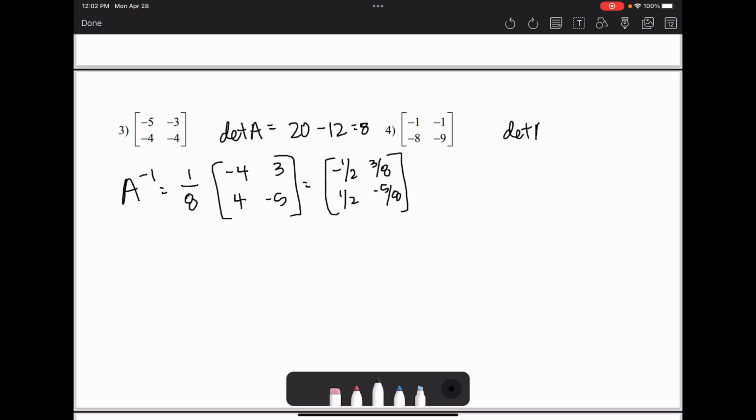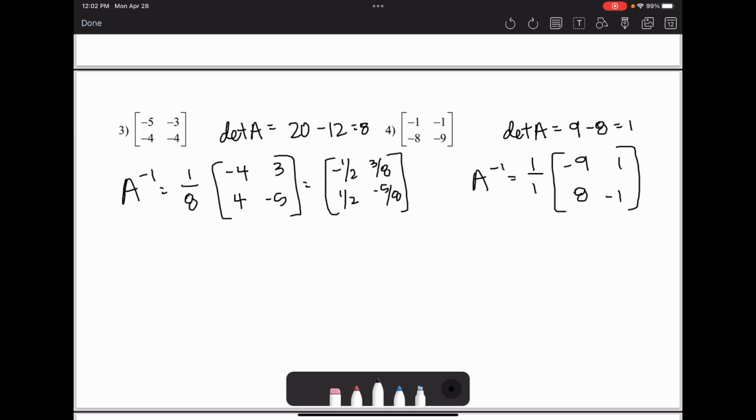And then on the fourth one, this would be 9 minus 8, so that's just 1. That's nice. So that would be -9 here, -1 here, and then +1, +8. And that's just the inverse because it's 1/1 in front.